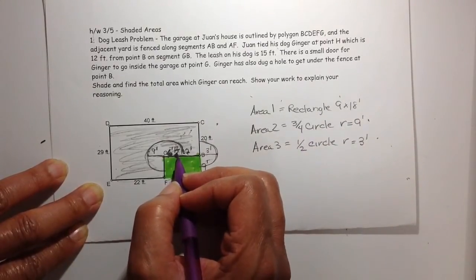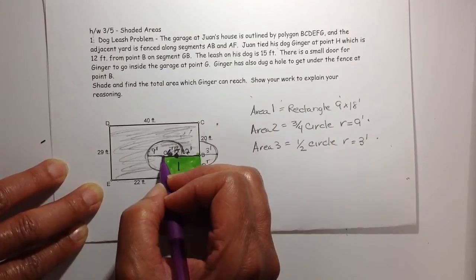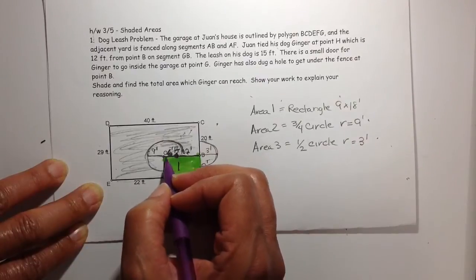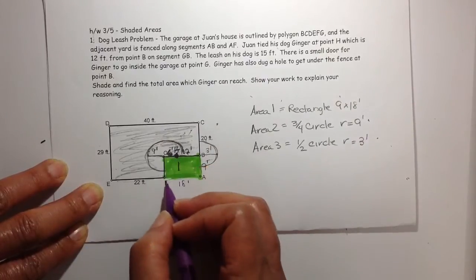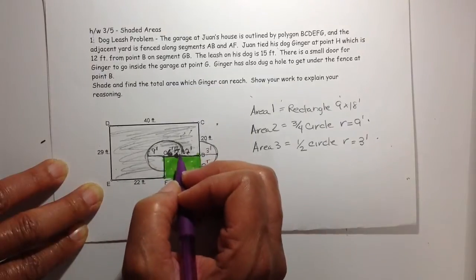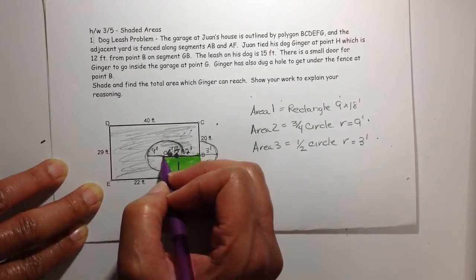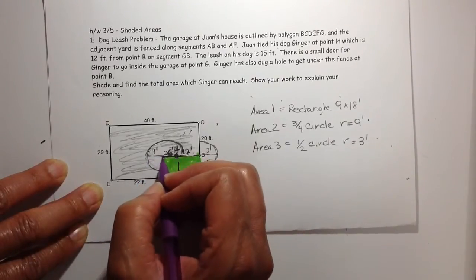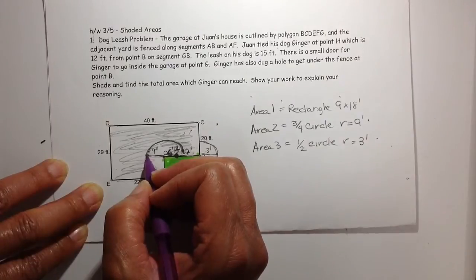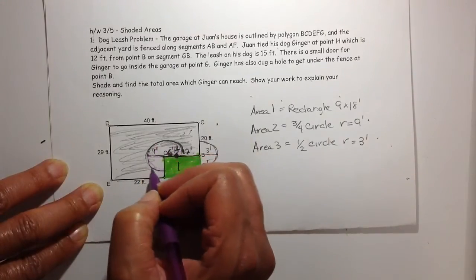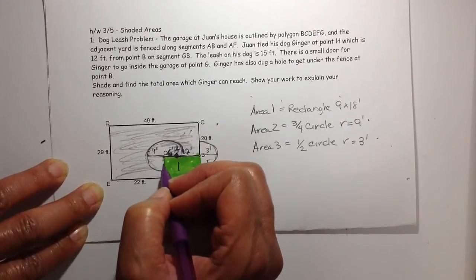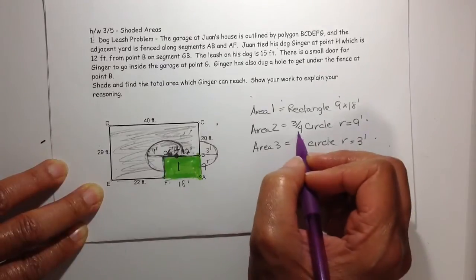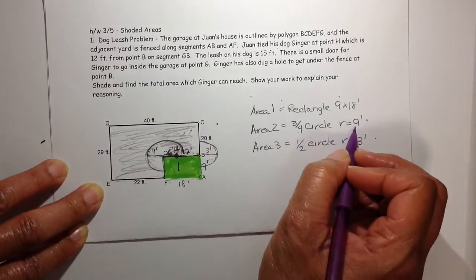Then we know the dog can go inside the garage at point G. And so from point H to point G must be 6 feet because this whole side is 18 and this portion is 12. So once the dog gets inside, since it's a 15-foot leash in total, the dog can run a 9-foot radius inside. Dog can't cover a whole circle. Why? Because the dog runs into the walls of the garage. So that's a 3/4 circle with a radius of 9 feet.